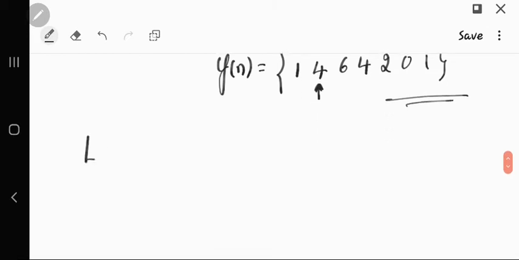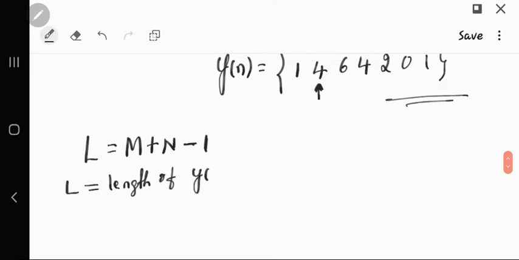For that, we have a small formula, that is L is equal to m plus n minus 1. Here L represents the length of y of n, that is our end signal. What about m?